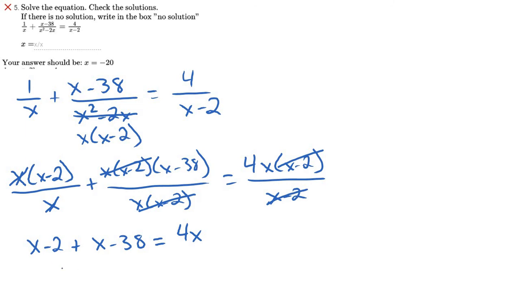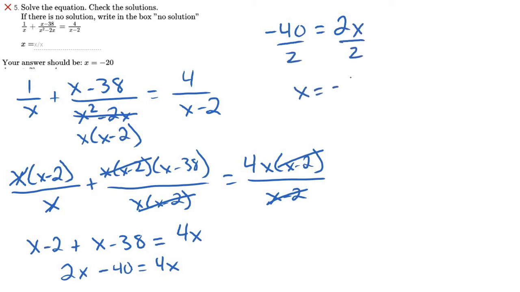So x plus x, 2x, negative 2 minus 38, minus 40, equals 4x, right? Let's subtract our 2x over. So negative 40 equals 2x. Divide by 2. Hey, x equals negative 20. A little bit of work, wasn't it? We had to do a few steps, but we get there.